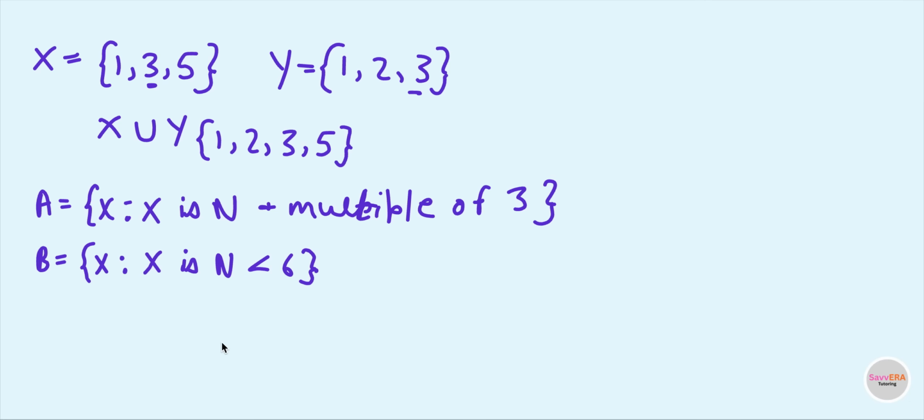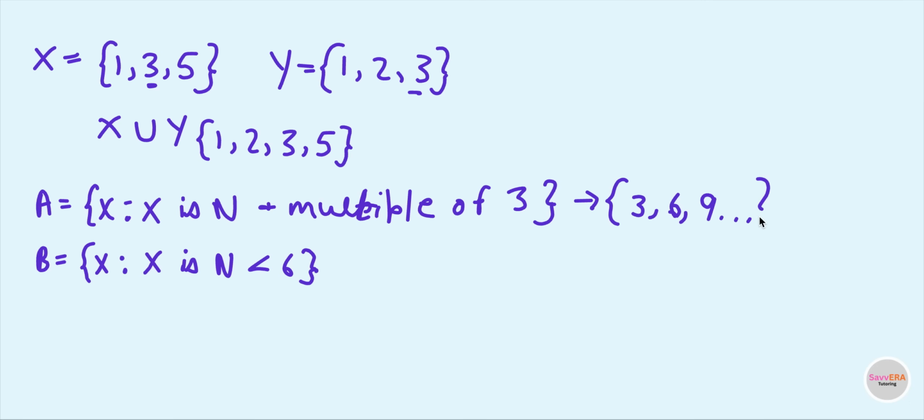In order to find the union, it says multiples of 3. So this would become 3, 6, 9, and then remember we use ellipses to show that it continues.